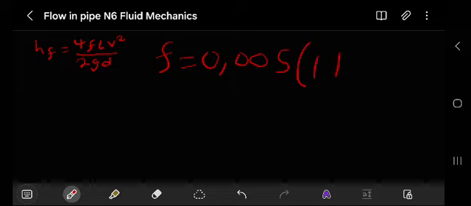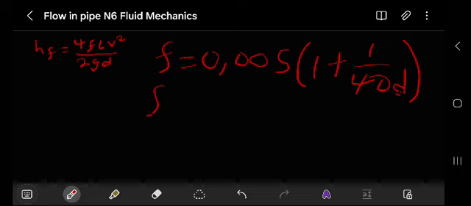So we're supposed to calculate F using the formula that they said we should use, for a new pipe, F will be 0,005 times 1 plus 1 over 40 times the diameter. Then this will be the diameter.